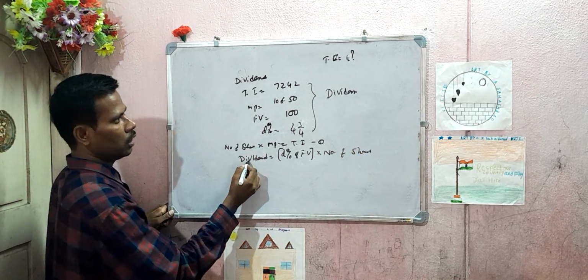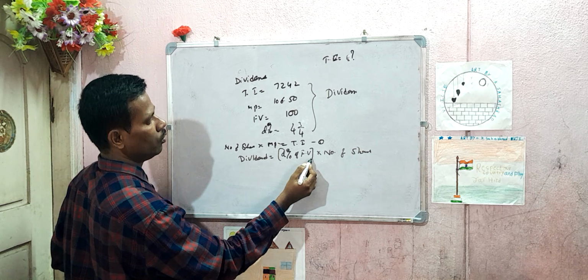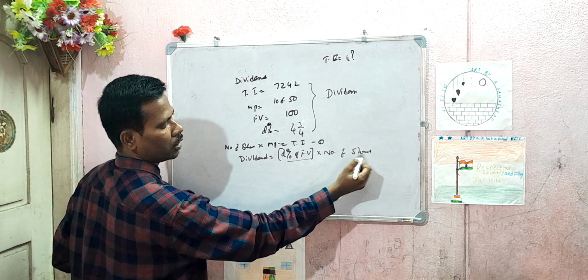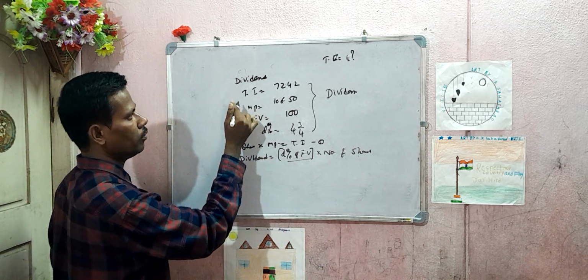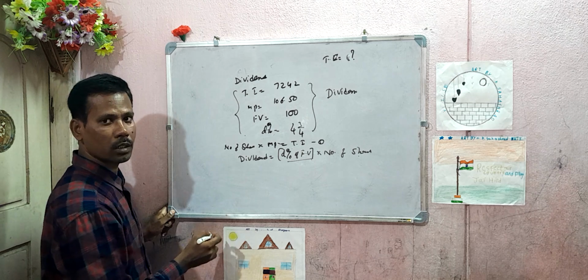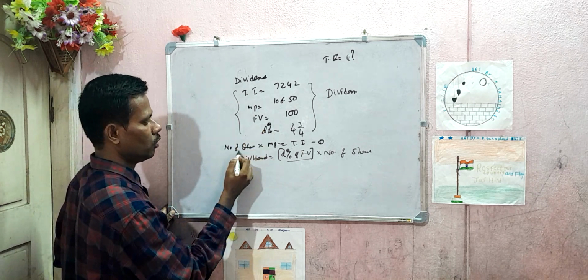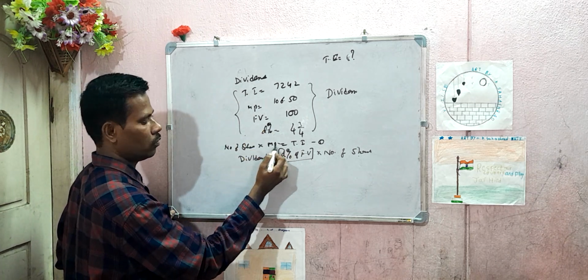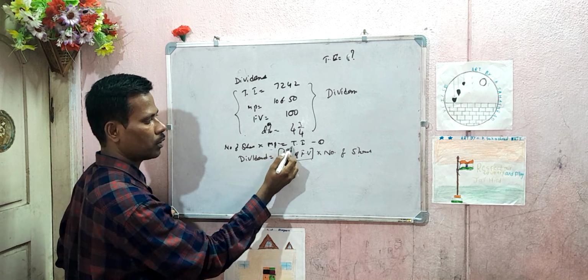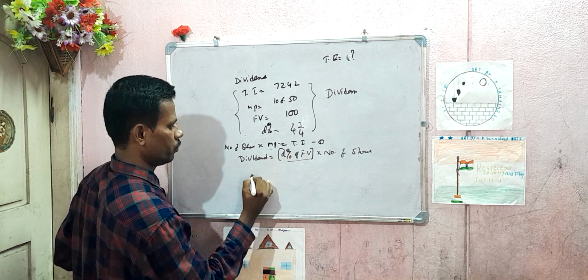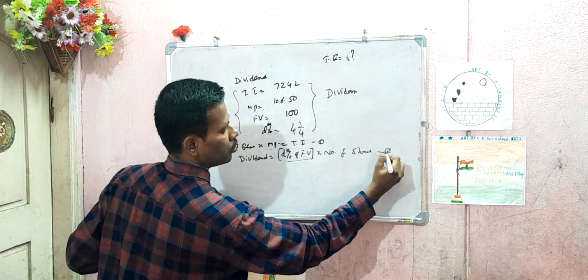Here he is asking dividend. This is known to you, but number of shares we don't know. From this, can you calculate number of shares? Yes, by using this one. Number of shares into market price is nothing but total investment. Mark this as 2.